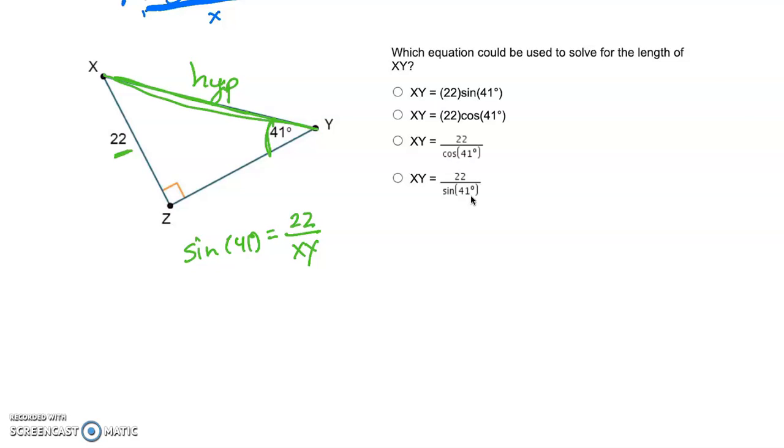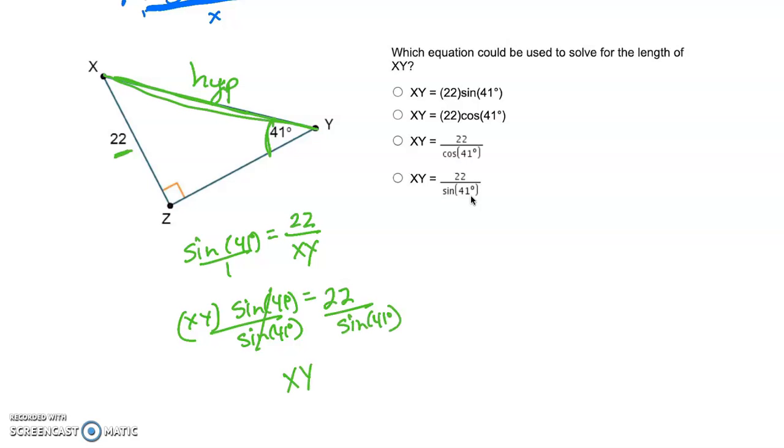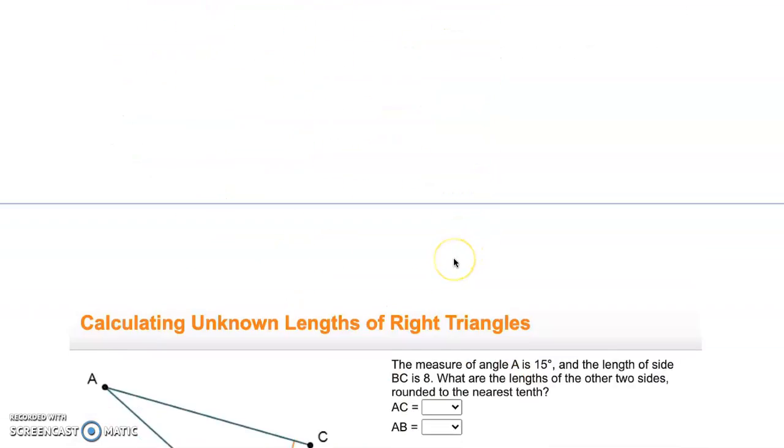Now if we want to get xy on its own, again we could do our cross multiply, so we have xy times the sine of 41 degrees is equal to 22, and divide both sides by the sine of 41 degrees. So xy is going to equal 22 divided by sine of 41 degrees. So this is our correct answer. You need to set it up and see how it works.